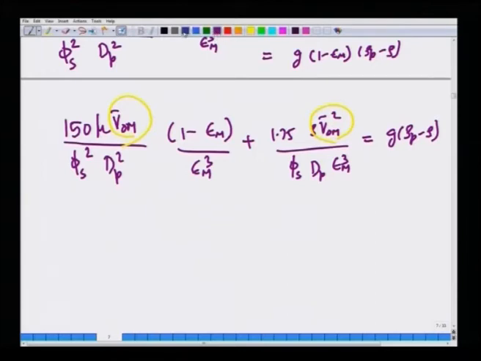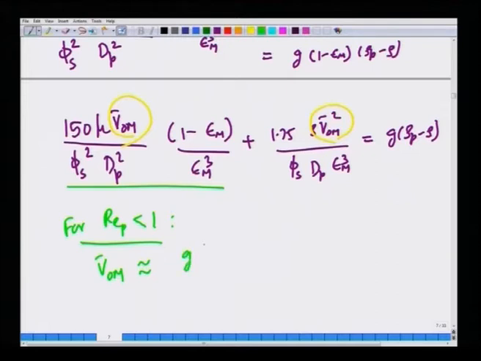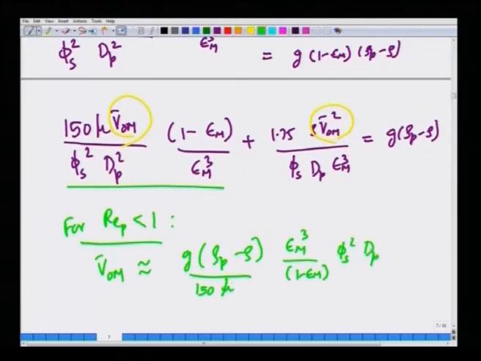Now, for very small particles, for Reynolds number based on particle small compared to 1, only the laminar flow part will dominate. So, V0m is approximately g times rho p minus rho times epsilon m cubed divided by 1 minus epsilon m, divided by 150 mu, times phi s squared dp squared.